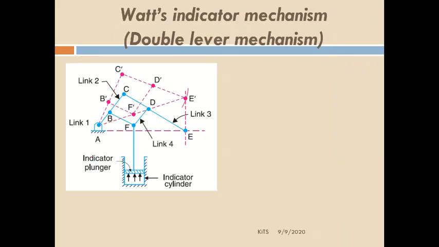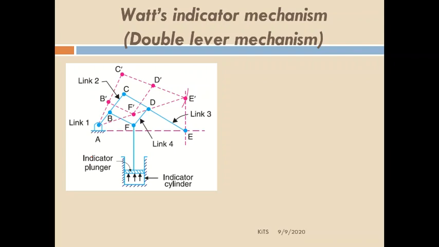Next one, Watt's indicator mechanism. This is also an example of inversion of 4-bar chain mechanism. AC is a link, CDE is another link, DF is another link.